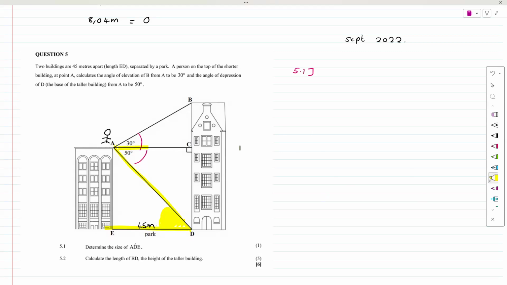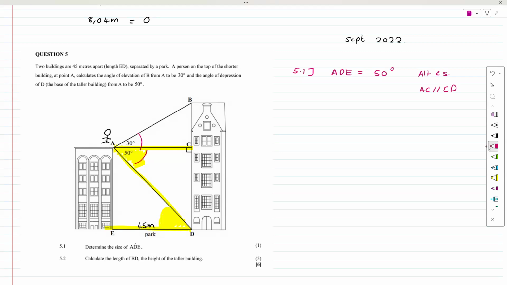If we look at ADE, we can see there is an alternate angle, so ADE would be equal to 50. Please remember to look for the Z. It's really important. We can go alternate angles, because AC is parallel to ED, right?